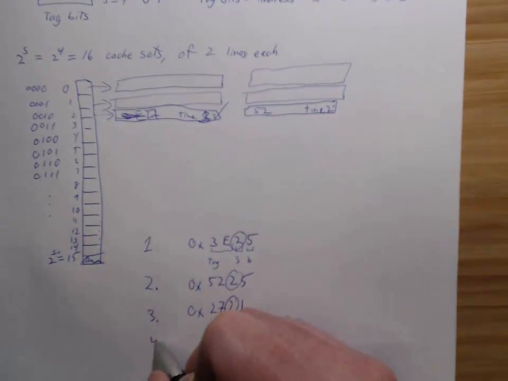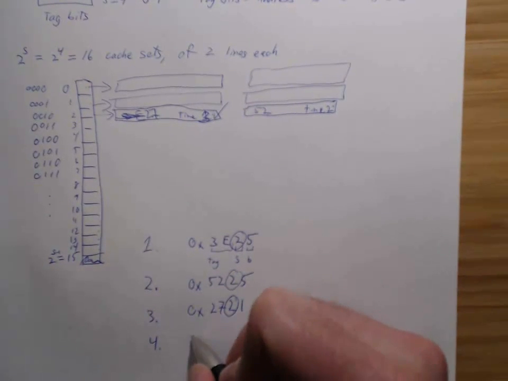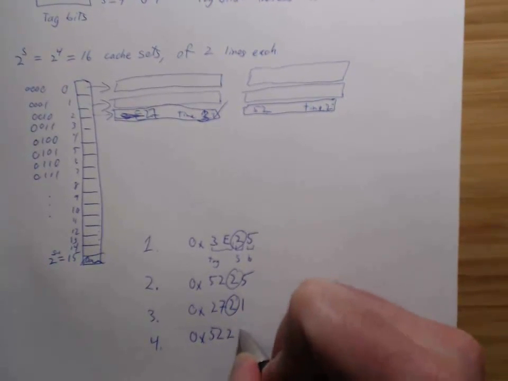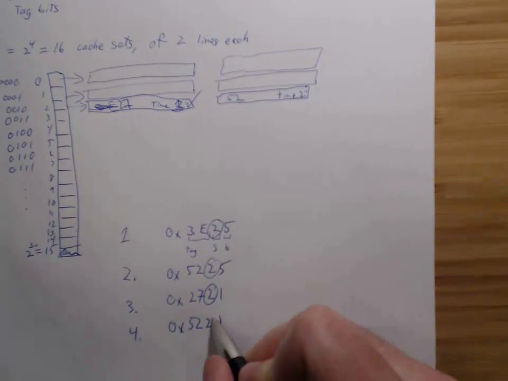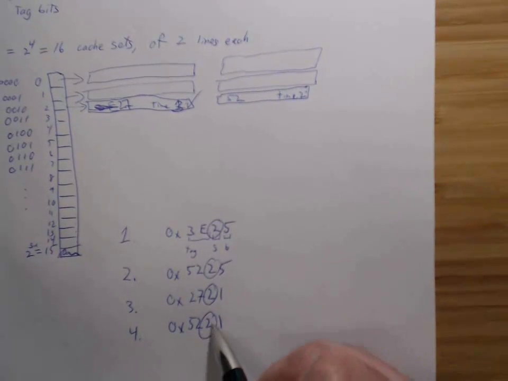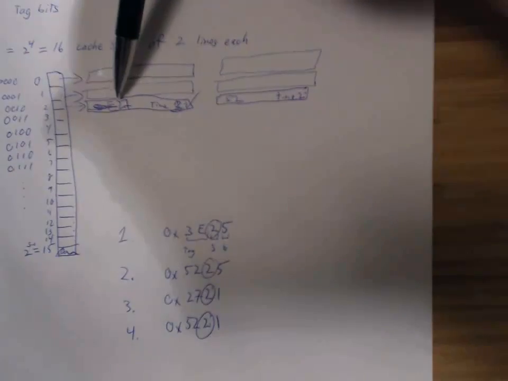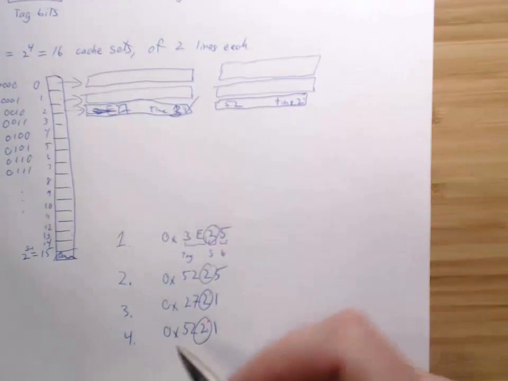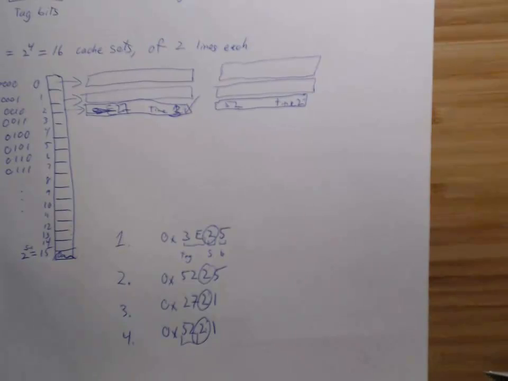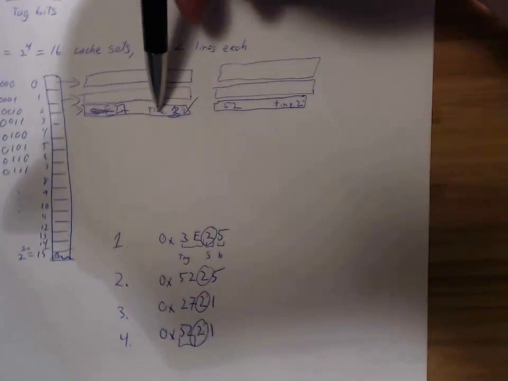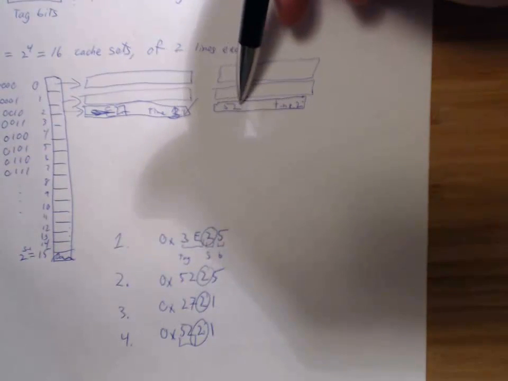All right. So let's do another access here, and I'm going to access 0x5221. Okay. So again, I'm still in set 2, and what I'm trying to do here is look for something. I'm going to scan all of the tags in set 2 and see if I have a match for the tag in this one here. Okay, so the tag I'm looking for is 52, and here I have no match, and then I can come over here and I do see a match.